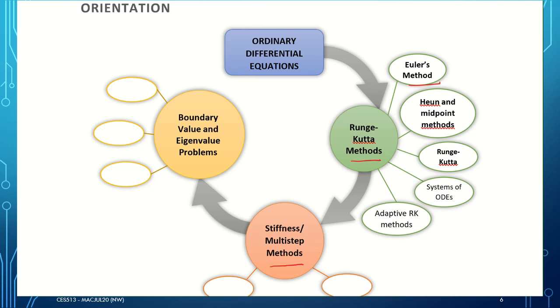And then two improved versions of Euler's method, which are Heun's and the midpoint method, we will develop using visual arguments. Following that, we will look at the concept of Runge-Kutta, which consists of first and second order Runge-Kutta methods.